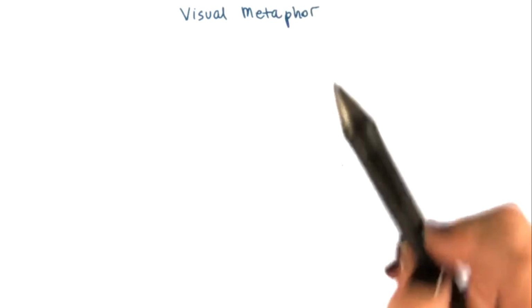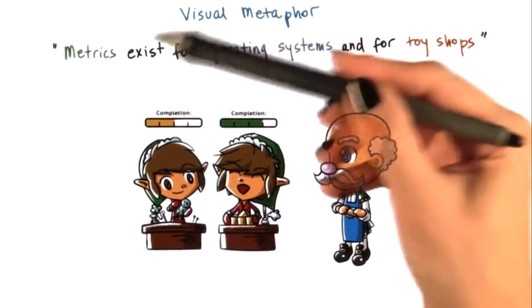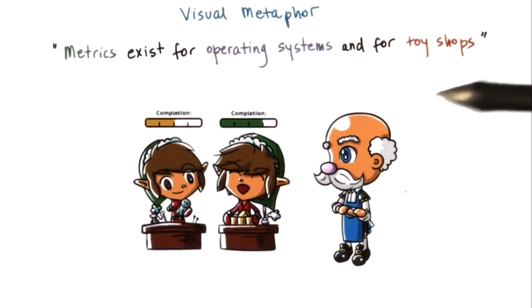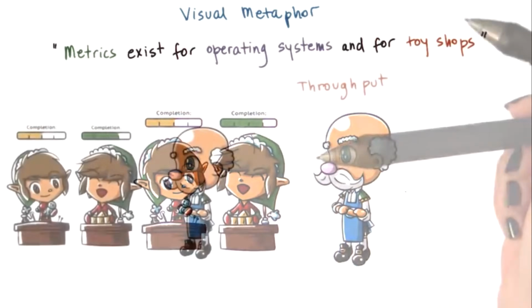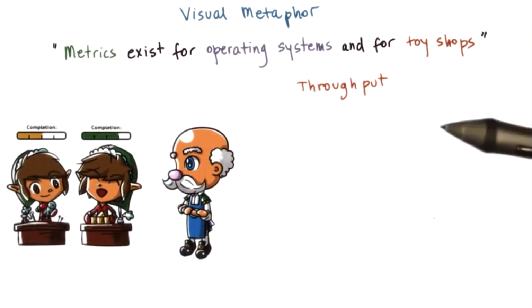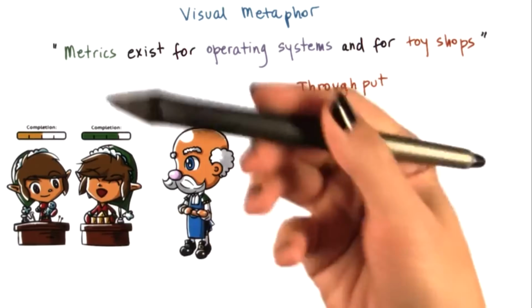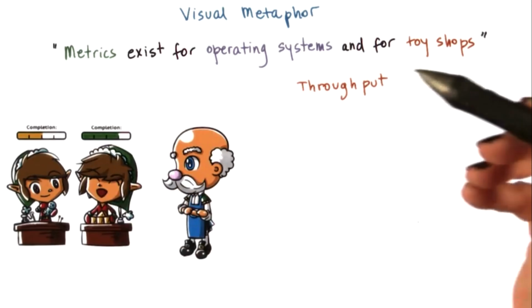Let's consider a visual metaphor in our discussion about metrics. We will do this by comparing metrics that exist in a toy shop to metrics that exist in operating systems. For instance, from the perspective of the toy shop manager, a number of properties of how the workers operate, how the toy shop is being run may be relevant. One example is throughput.